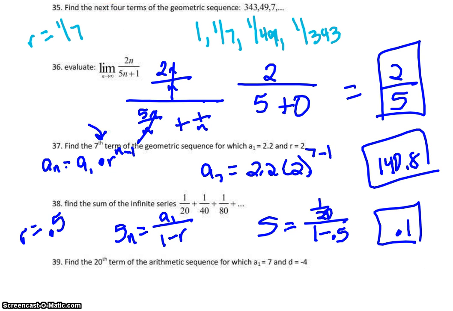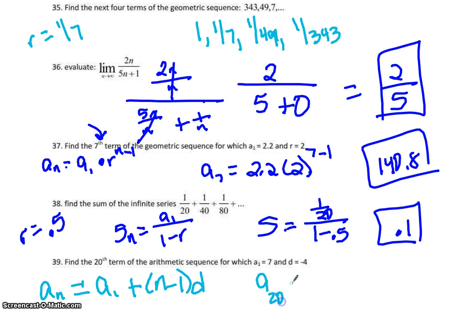Number 39 wants you to find the 20th term of the arithmetic sequence. If A1 is 7 and D is 4, so the AN is equal to A1 plus n minus 1 times d.